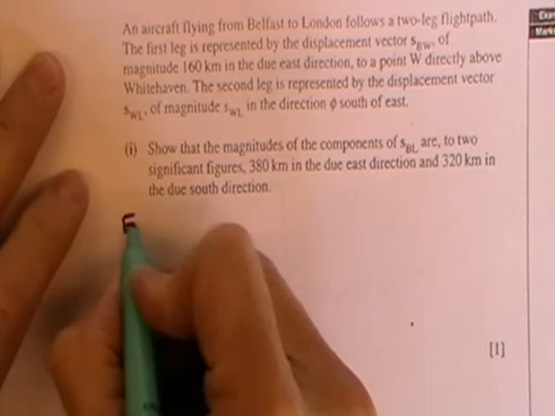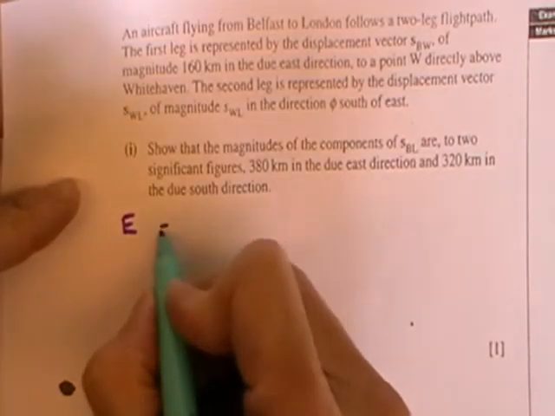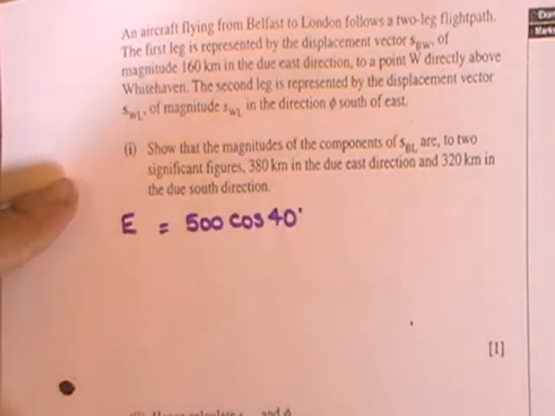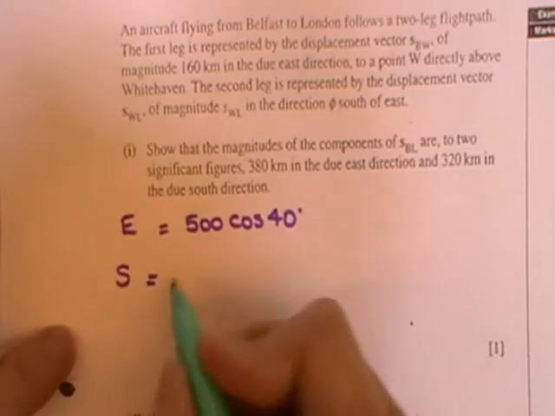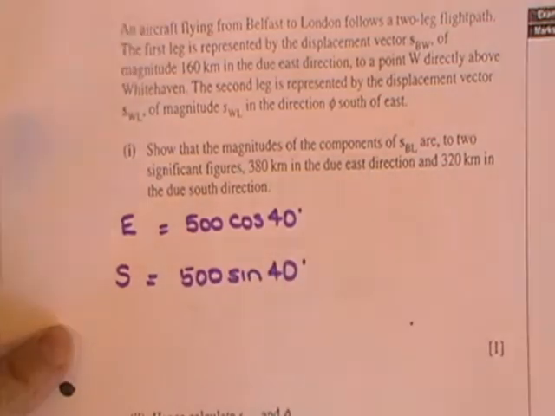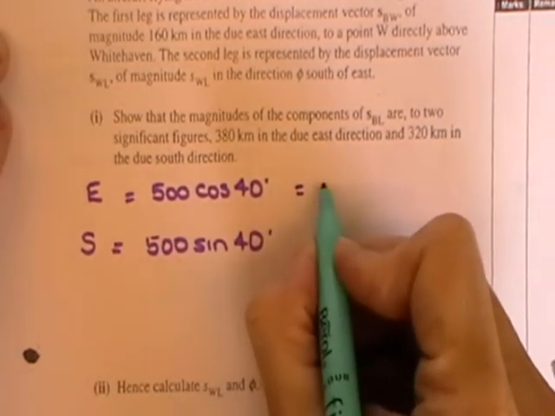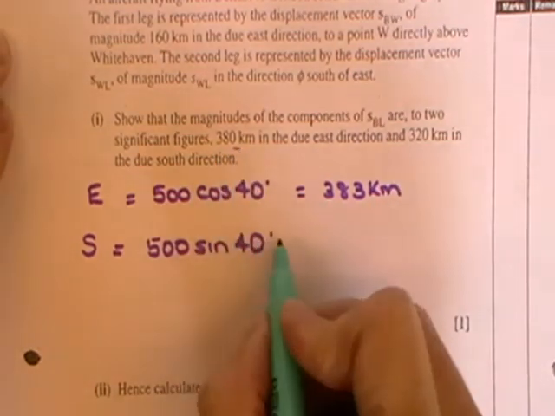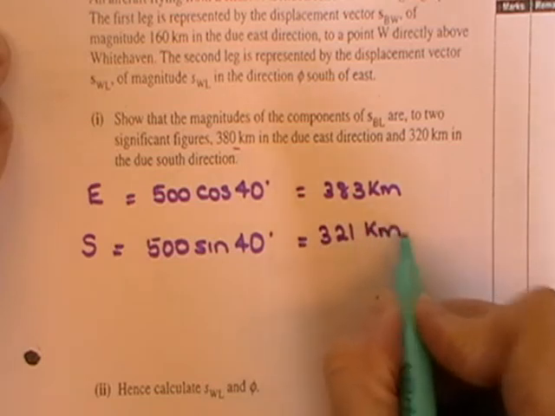East is, just check that again, 500 cos 40, and then south is equal to 500 sin 40. So the east comes out to be equal to 383 kilometres, which is approximately 380, of course, and the south direction comes out to be 321.